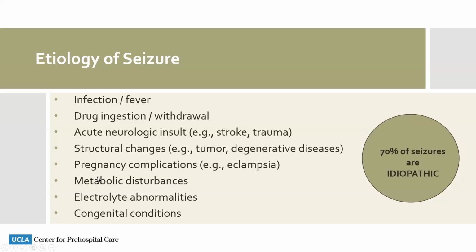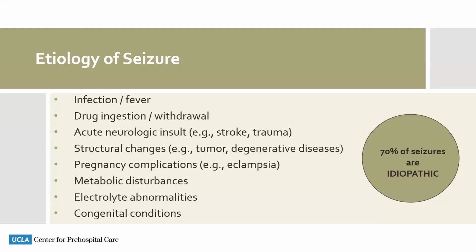Metabolic disturbances, maybe your sodium is out of whack. And electrolyte disturbances, which is sodium's more of an electrolyte than metabolic. But I could have a metabolic disease, like some sort of renal disease that's causing me to have a seizure, or congenitally. Some kids are born because they have something going on in their head, like too much cerebral spinal fluid, right?